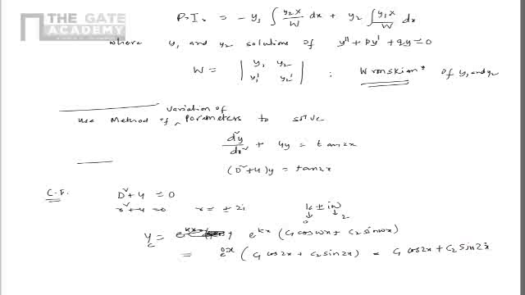This is standard, what we have done. Now in order to find the particular integral, let's apply the method of variation of parameters. The second step is finding the particular integral. The solution of the complementary function is important, because we have c1 cos 2x plus c2 sin 2x.